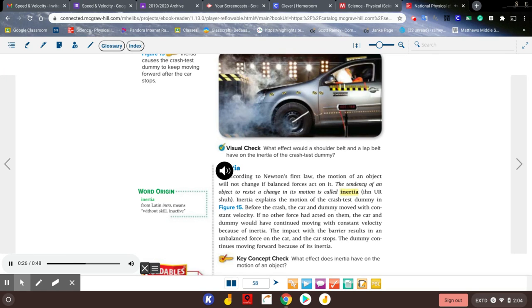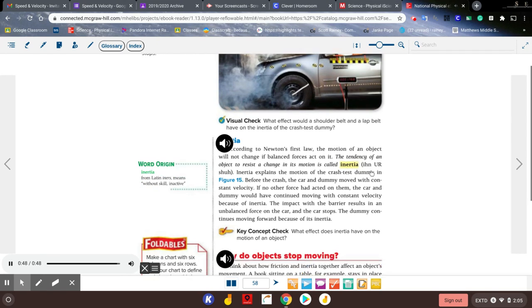If no other force had acted on them, the car and dummy would have continued moving with constant velocity because of inertia. The impact with the barrier results in an unbalanced force on the car, and the car stops. The dummy continues moving forward because of its inertia. Key concept check. What effect does inertia have on the motion of an object?